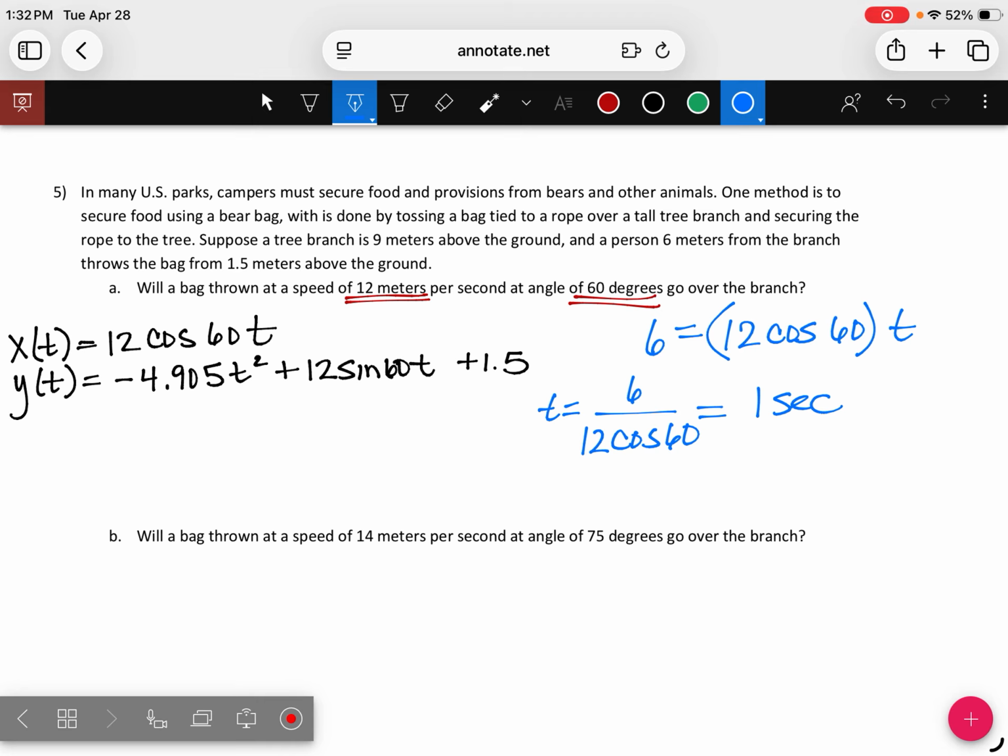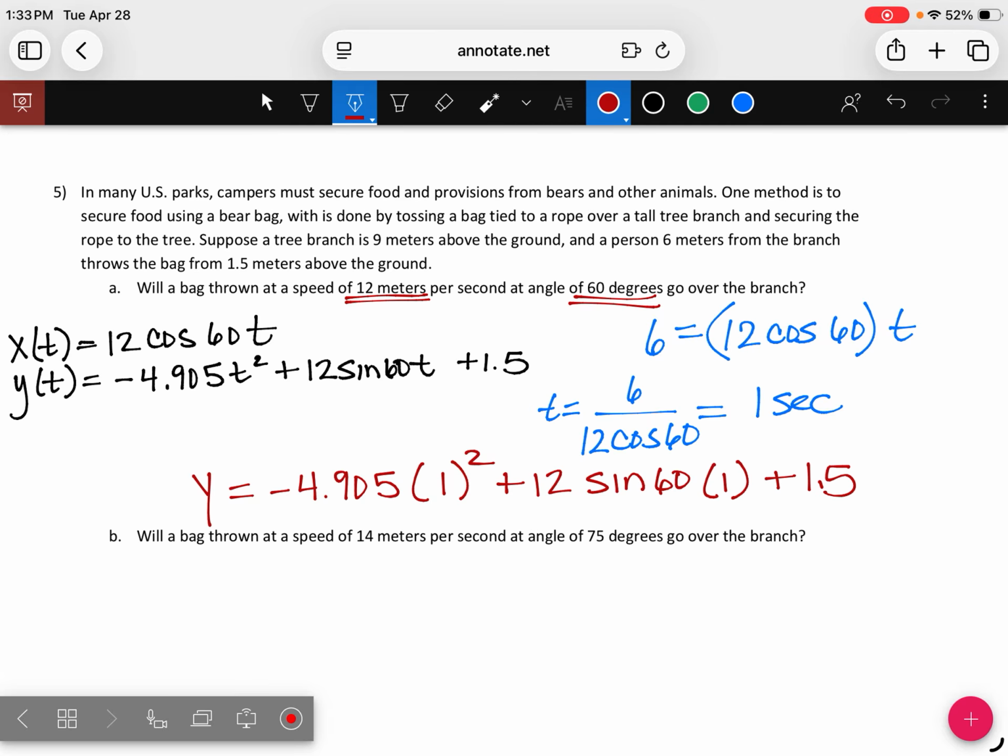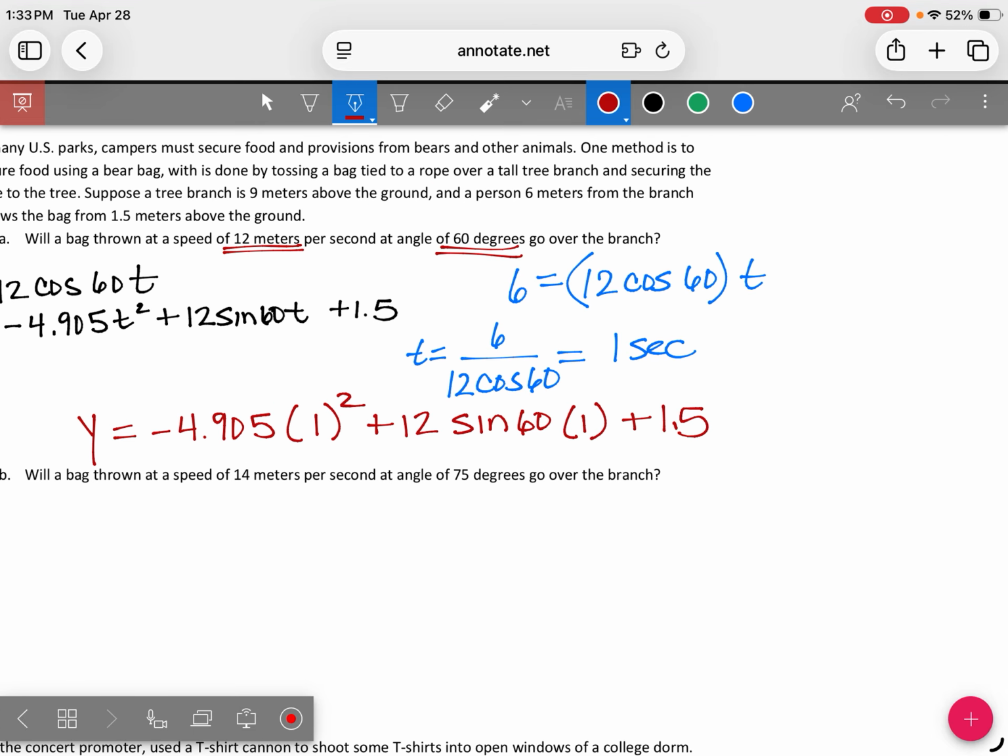Now I want to know how high it was at that 1 second mark. If I want to know the height of the bag at 1 second, what am I going to do with that 1 second? Substitute it into what? To y, yeah. So your height is going to be y equals negative 4.905 times 1 squared plus 12 sine 60 times 1 plus 1.5. Type that in and let's figure out how high.